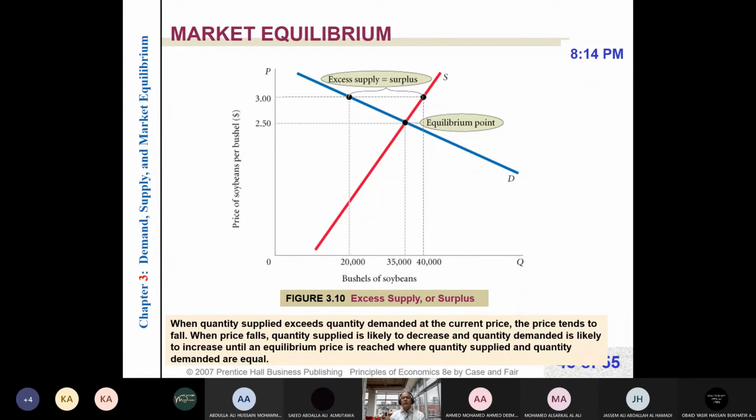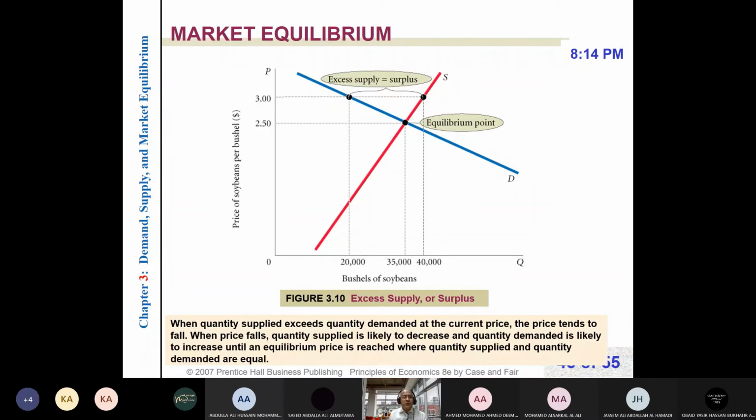Producers are willing to sell 40. Customers are willing to purchase only 20. So Ubaid, Hamad, Jasim, who are producers of tomatoes, will feel scared. Their tomatoes will be damaged, or they have to get a huge refrigerator to keep tomatoes.